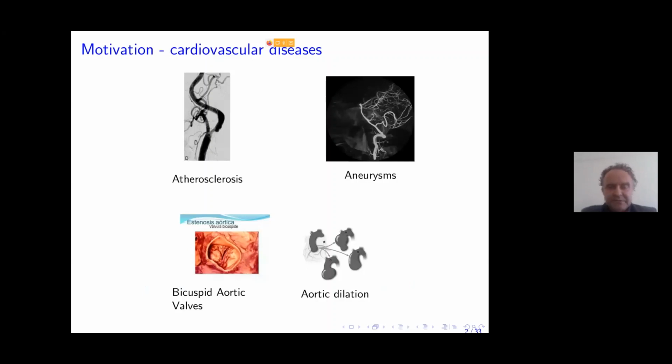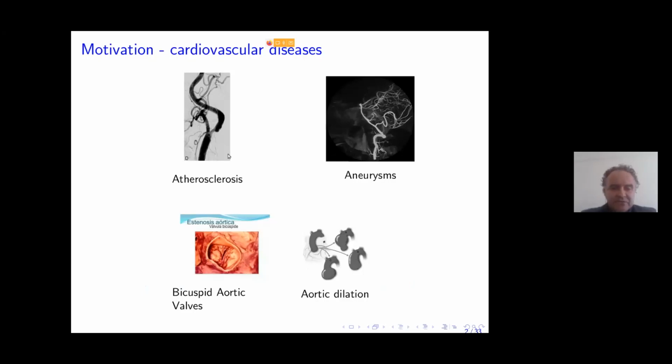So as a motivation for the purpose of modeling blood flow, I wanted to remind you about some facts that have to do with cardiovascular diseases. Actually, cardiovascular diseases are responsible for the highest death toll in Western countries. There are several of them.